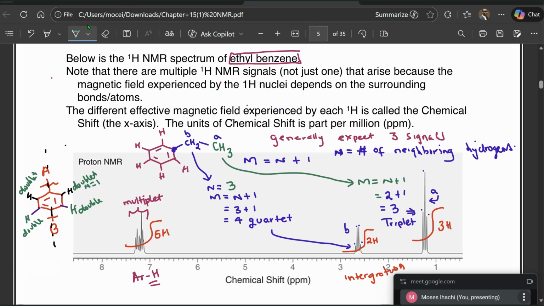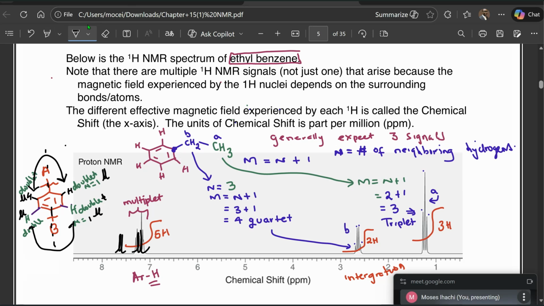Because for this n equals to 1, for this n equals to 1, they are different. However, these 2 will show up at the same place, integration of 2. These 2 will show up at the same place, integration of 2. By doublet, I mean something like this. So you'll have 2 doublets, 2 signals on the aromatic region. It will be something like this and like that.